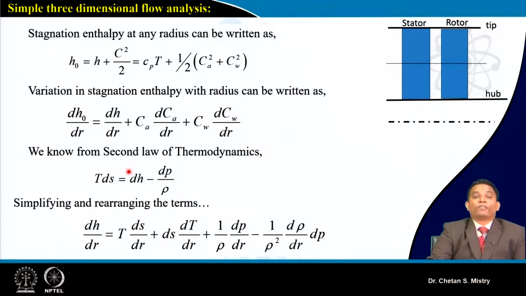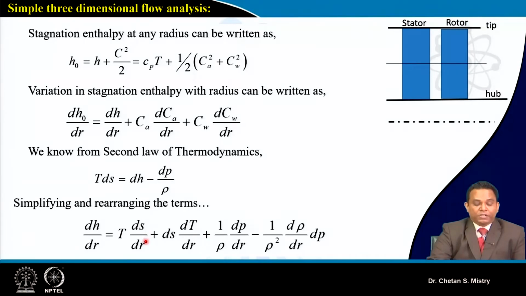Now we have our fundamental equation from the second law of thermodynamics, that is TdS, given by dH minus dP by rho. If we write this equation in terms of variation along the radius, it can be reformed in this equation form.